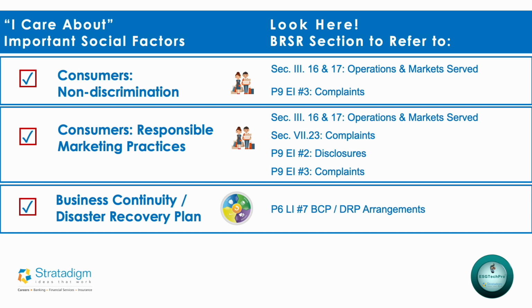And since BRSR allows cross-referencing, all that the bank has to do is mention in P6 LI7 a cross-reference to where their disclosure for BCP and DRP is, possibly in their financial stability report or elsewhere in risk management in their annual report.